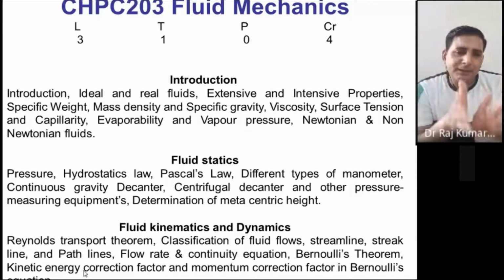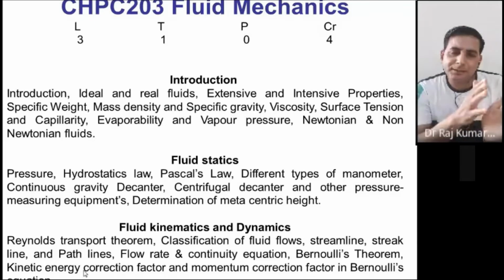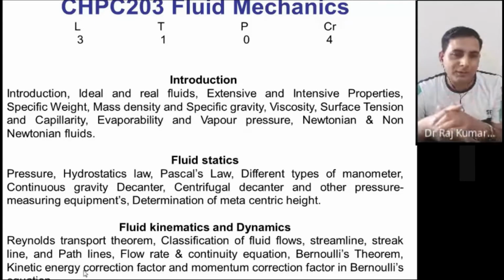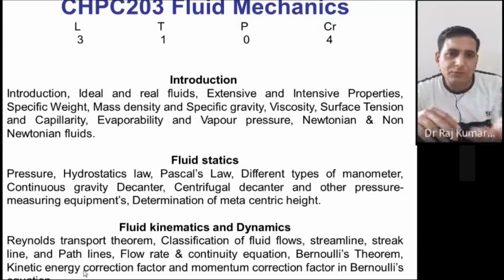Momentum again can be calculated based on the average velocity and based on the instantaneous velocity over the cross section. The ratio of the two again gives you the momentum correction factor.